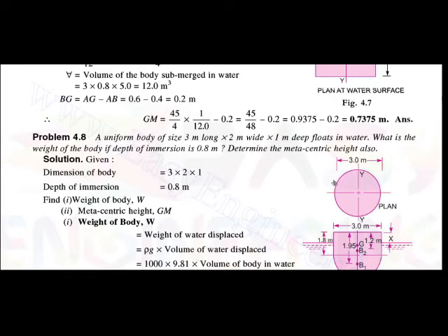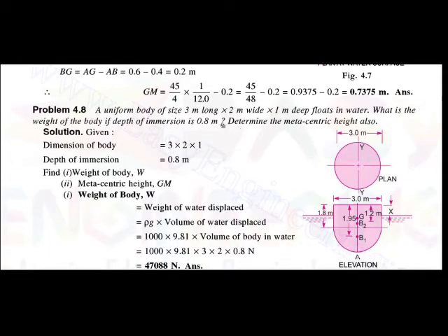floats in water. What is the weight of the body if the depth of immersion is 0.8 meter? Determine the metacentric height also. So what we have to calculate is the weight of the body, then the metacentric height.